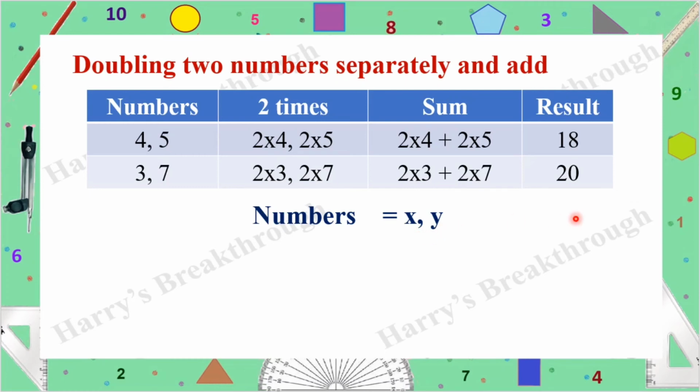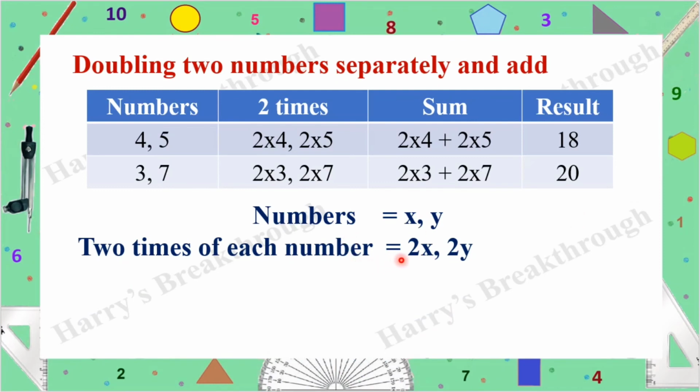And then 2 times each number. So 2x, 2y. Now adding these two, 2x plus 2y. So here let's take the common 2 outside. So 2 into x plus y. So here we can find that if we double two numbers separately and add, we will get double of their sum, right?